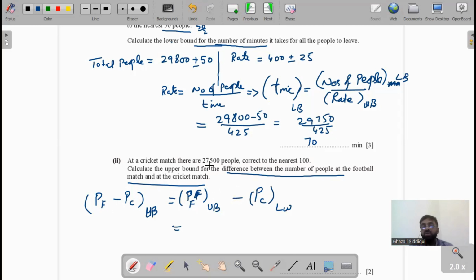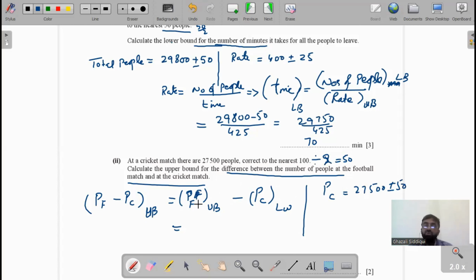Now the cricket match is 27,500, nearest to 100. Therefore, nearest to 100 means divided by 2, we get 50. Therefore, the people who watch the cricket match is equal to 27,500 plus or minus 50.